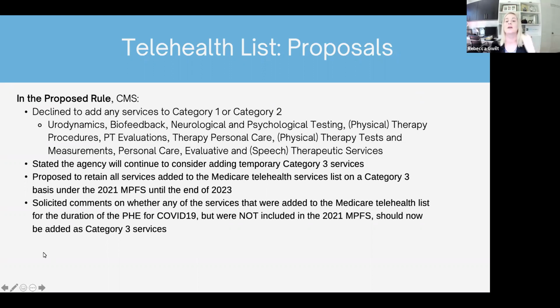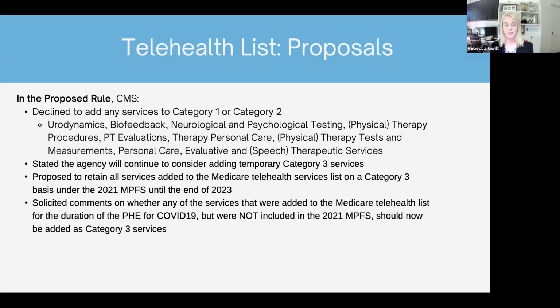And in addition, they're proposing to retain all services on the Medicare telehealth services list that are already accepted as Category 3 codes through the end of 2023. That sounds like a really long time, but in order to get your code on the final permanent code list, Cat 1, Cat 2, you need to submit evidence by February of 2022, right? So you get one more shot at it.